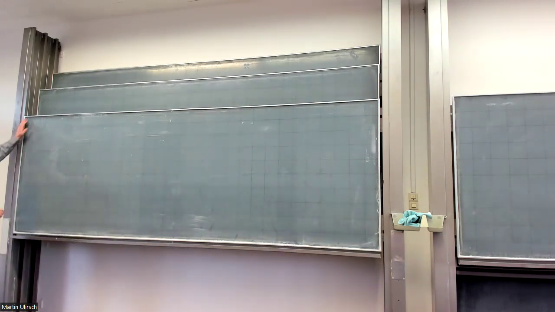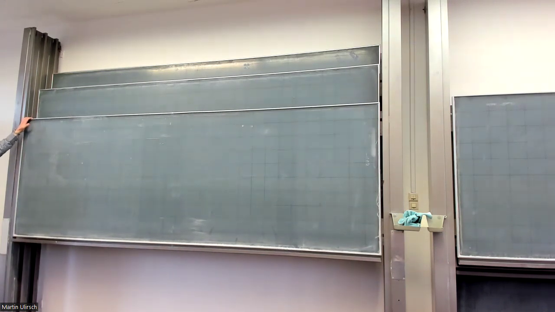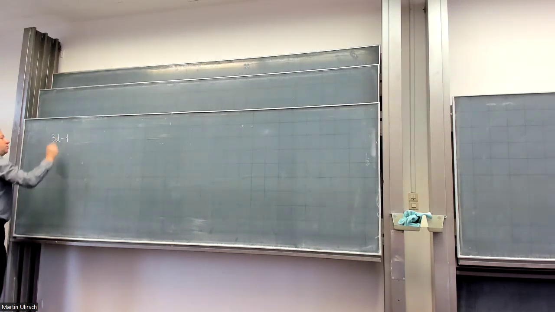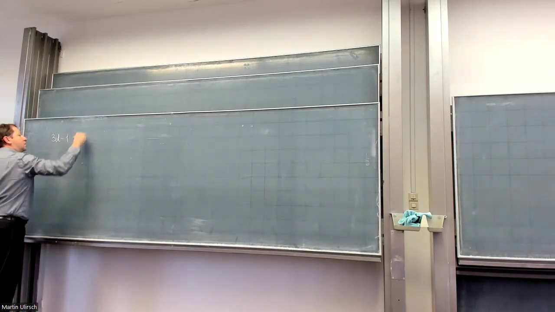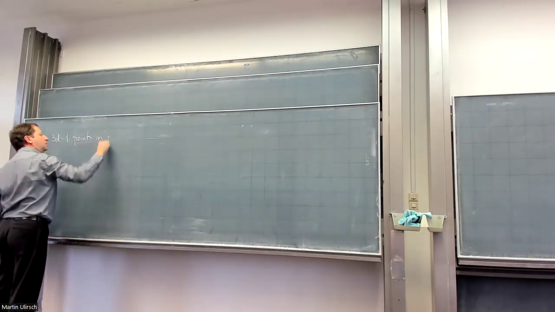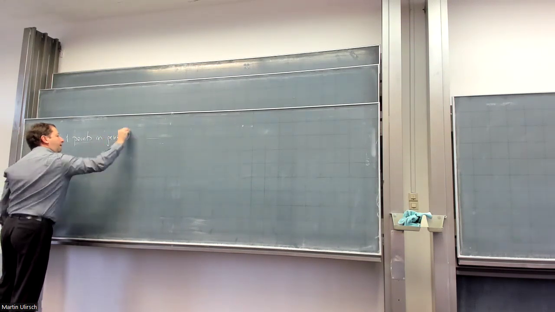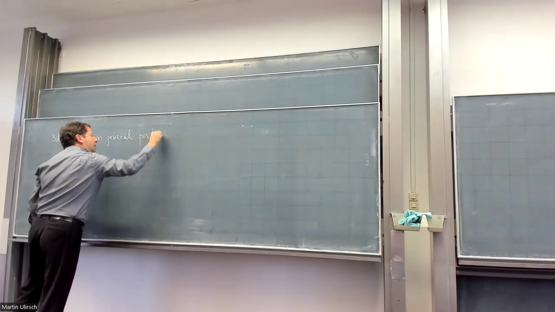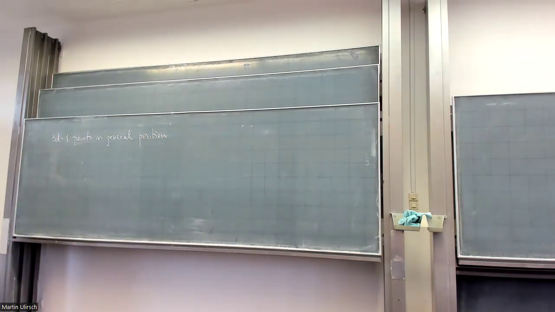So let's first consider the following very standard enumerative problem. We fix 3d minus 1 points in general position in the projective plane, and I will be interested in real enumerative problems.